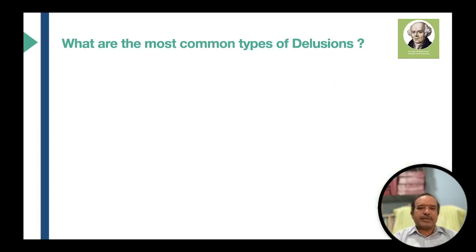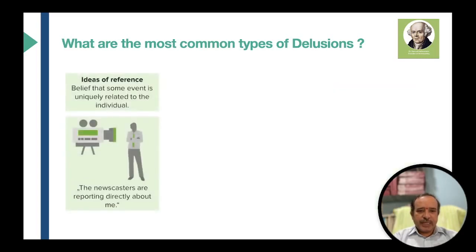Coming to the next type of delusion, ideas of reference. If anything happens, say you have gone to some place, they say this event has been related to me only, I have seen this event earlier.